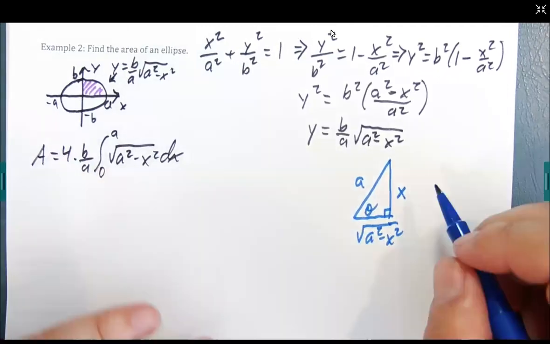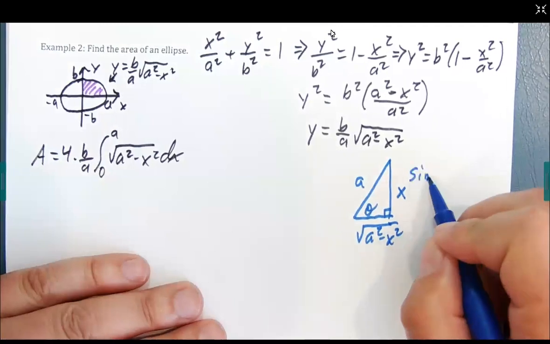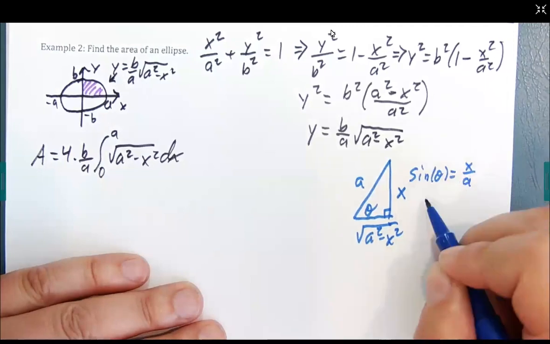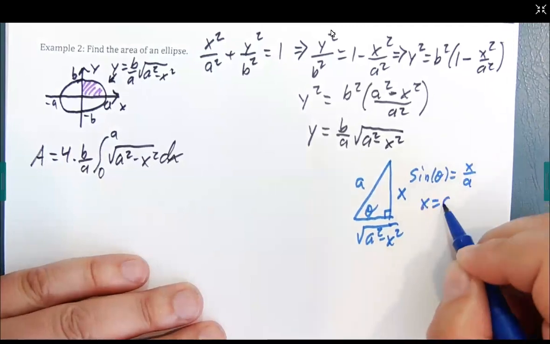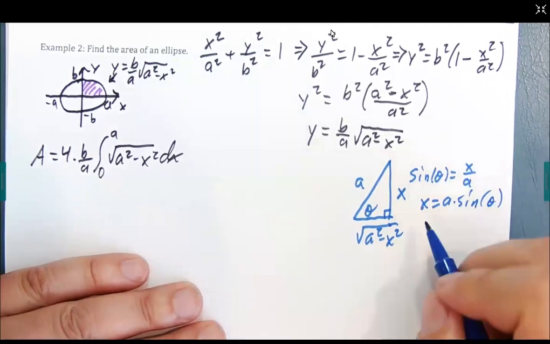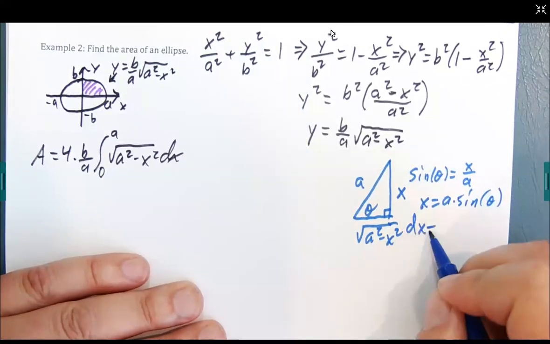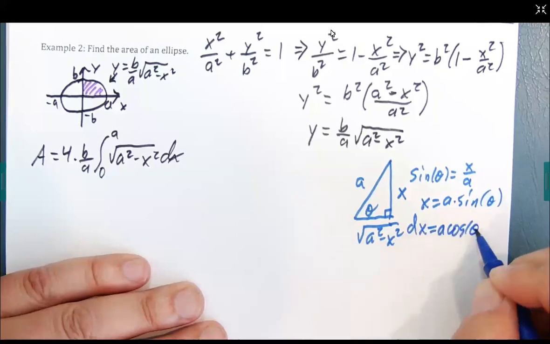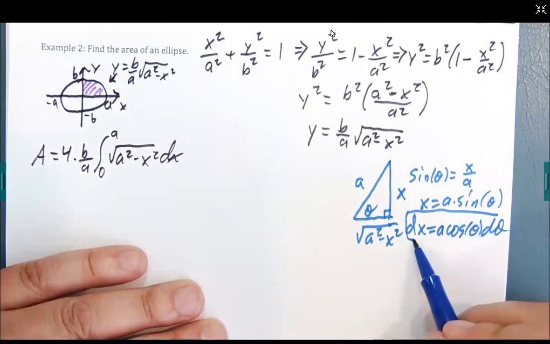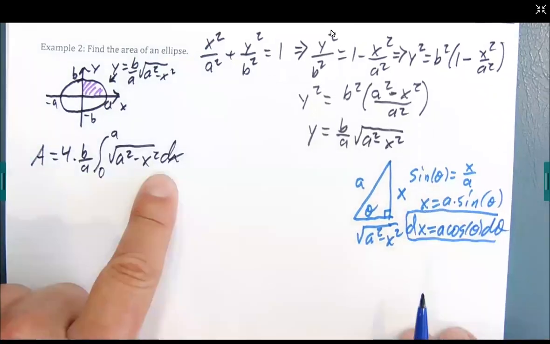Once again, this means that the sine of theta is x over a, which means x is a sine theta, which makes dx a cosine theta d theta. So there's one of my pieces, there's my dx, and then I now need to get that.